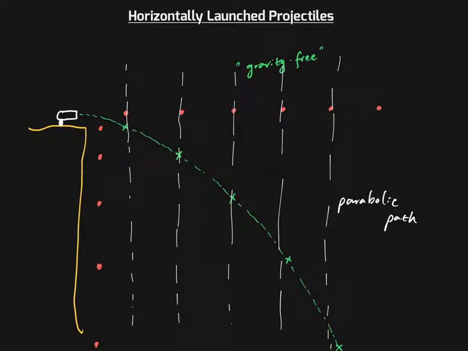And you can see here that the distance between the cannonball at those different time intervals is constant because we have a constant velocity in the horizontal direction. Now let's do the same thing in the vertical direction. So I am going to draw some horizontal lines here.